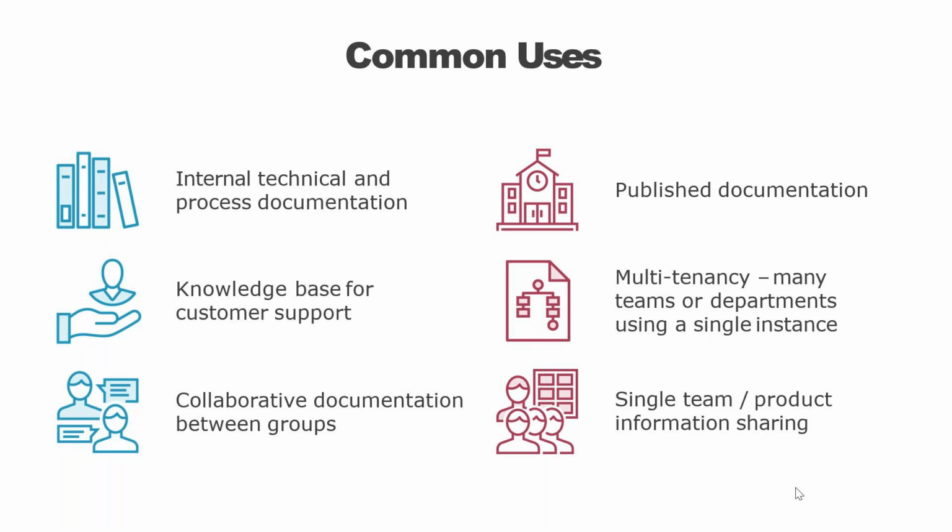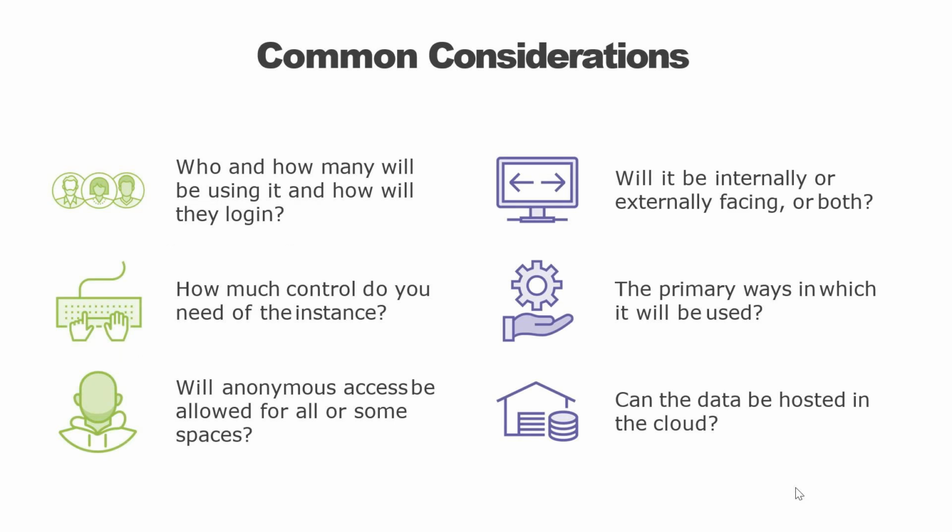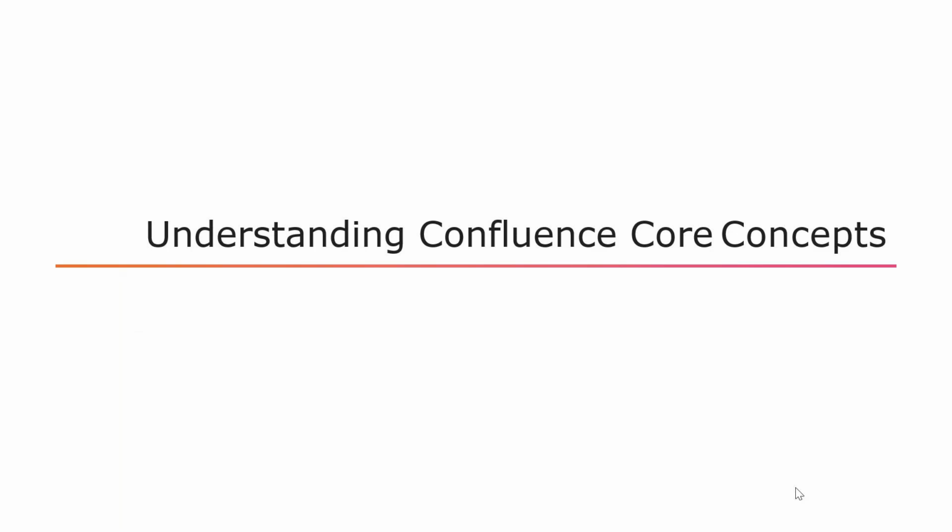So many use cases. You can use it for how-to documentation, installation documentation, troubleshooting documentation, MOMs, detailing of work, architecture, design, customer inputs, and attachments. So these are the use cases which you can use it for.